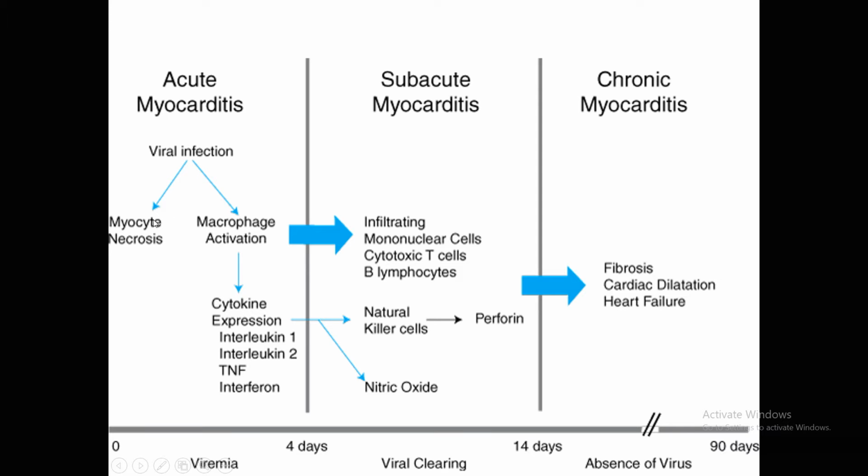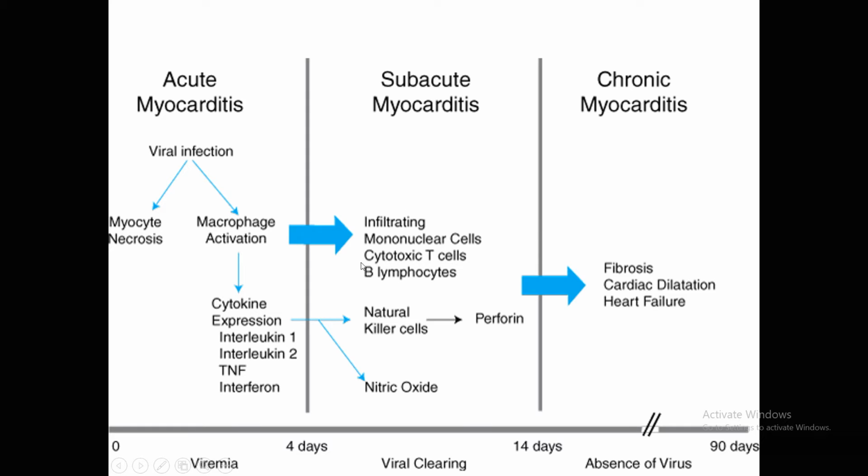The viral infection causes initial necrosis of cardiomyocytes, later activation of the inflammatory process with release of inflammatory mediators, and progression, if not treated of course, first to subacute myocarditis within several weeks and later to a chronic myocarditis characterized by the characteristics of the chronic inflammatory response, especially fibrosis, loss of the properties of the musculature of the heart, with cardiac dilatation and eventually heart failure.